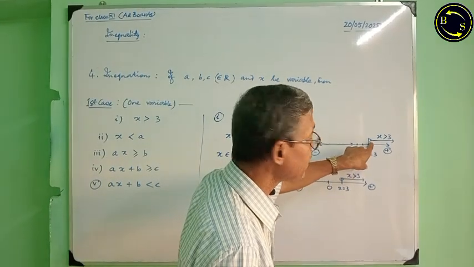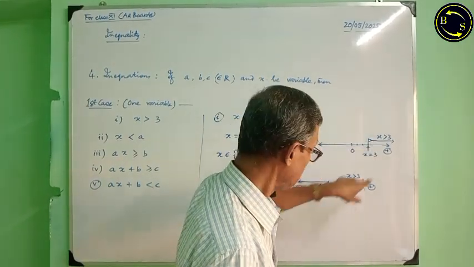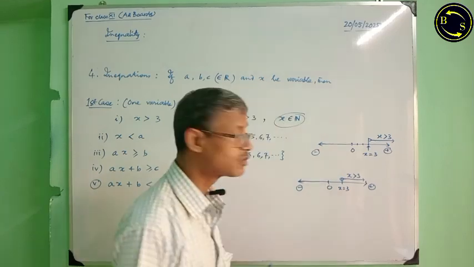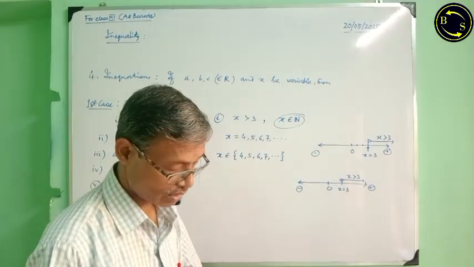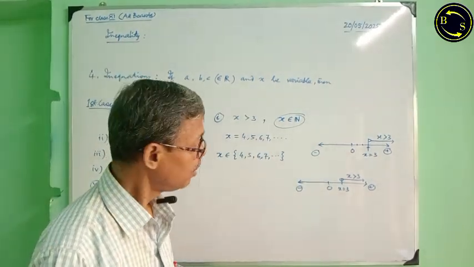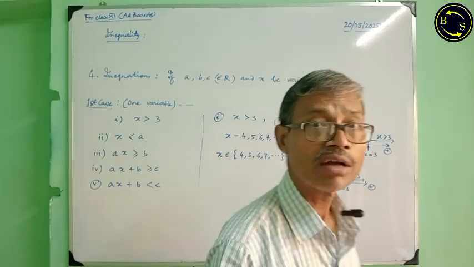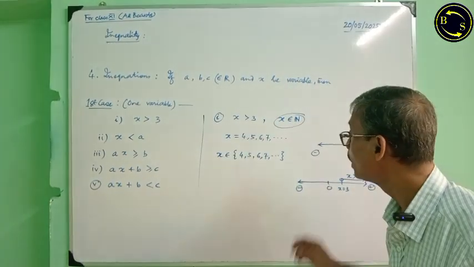We put a cap here, that is called a cap, and this small circle or round shape indicates that x can't take the value 3.